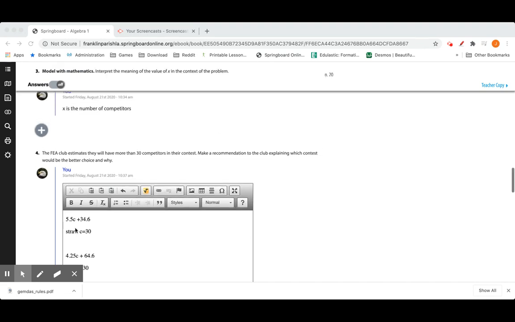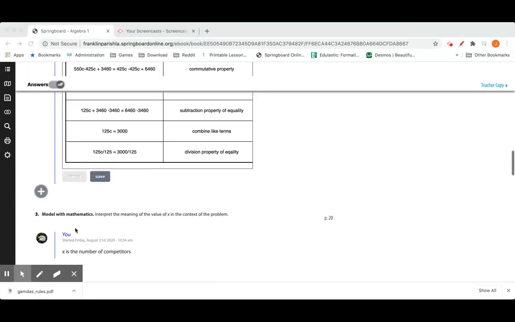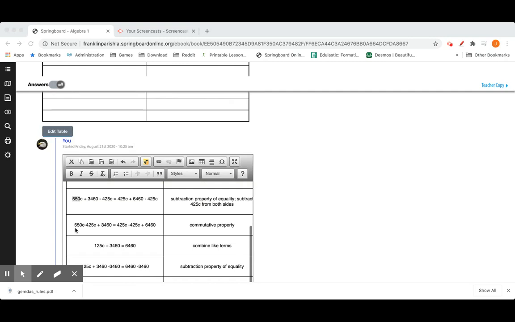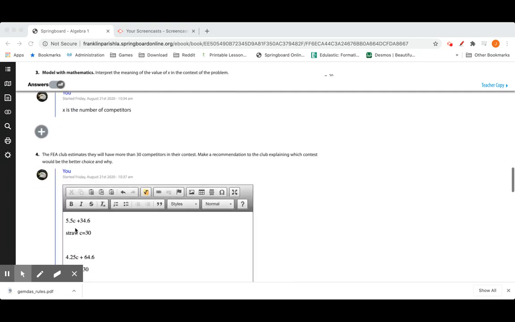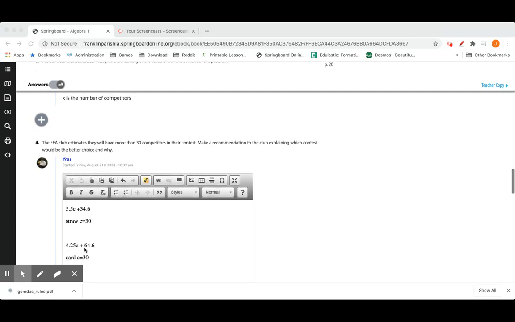Remember, I put C for competitors a while ago. They put X in this question, but it's the same thing. As I said before, you can pick which letters make the most sense to you. It's only when they provide you with the letters that you need to work with what they have. Right now I'm just doing C. It's the same as X.